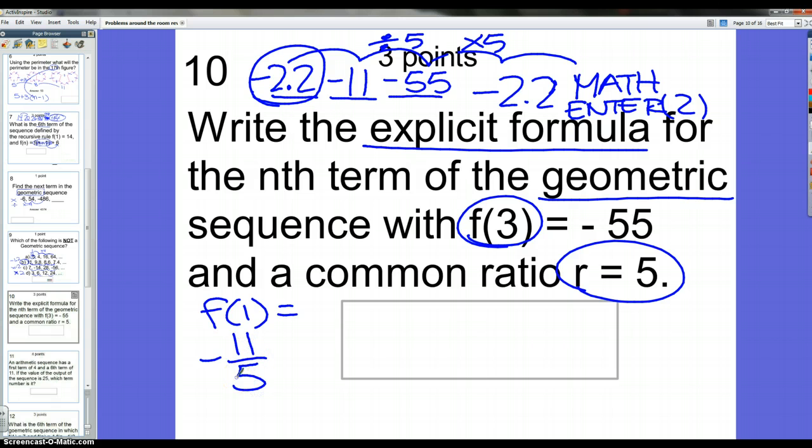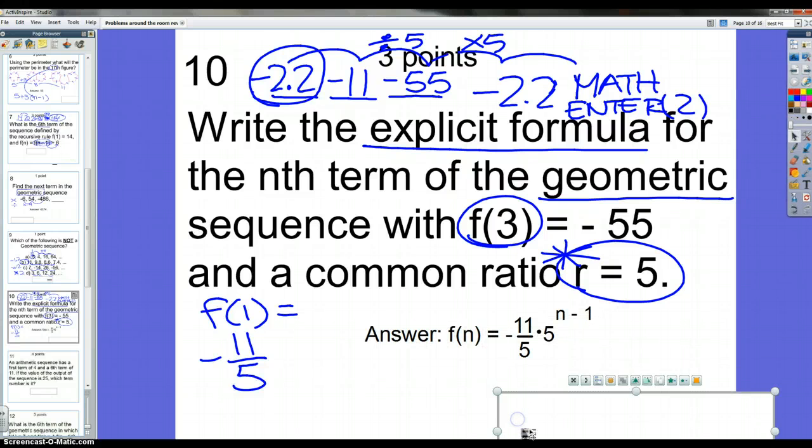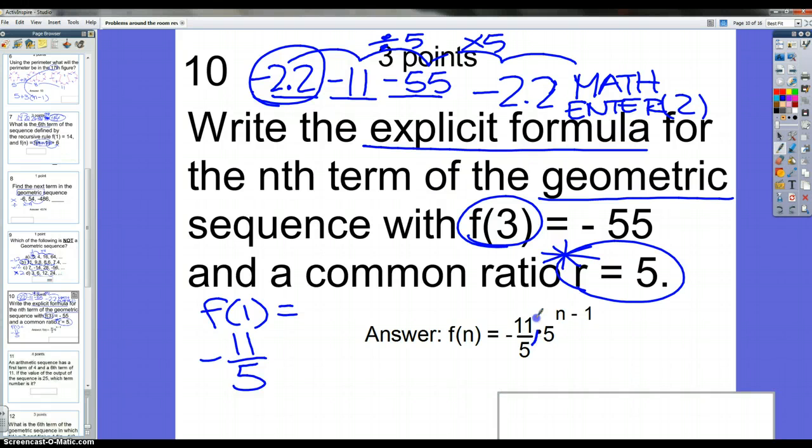We know that r is 5, and so we can write the explicit form. We have our first term, we've got our r, and because it's multiplying, make sure that n minus 1 is an exponent.